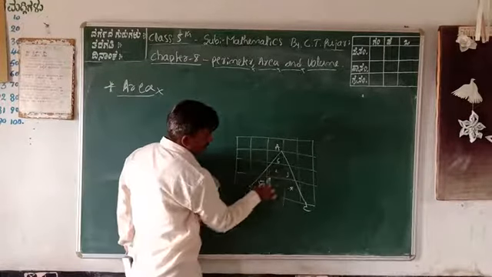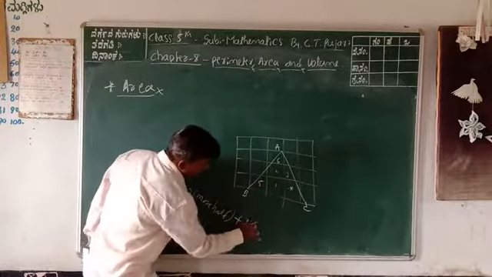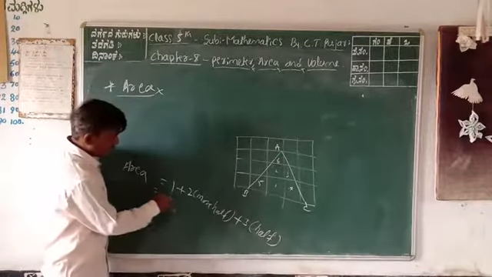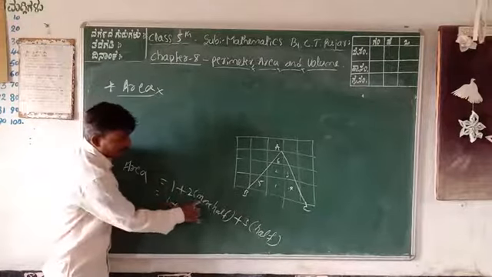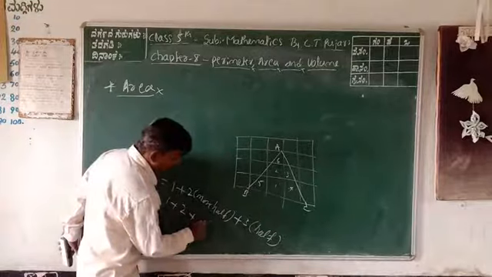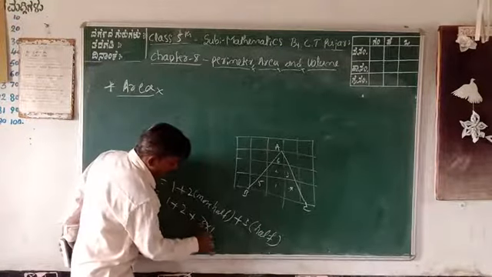Next, 1, 2, 3, there are 3 halves. Consider them as half. Therefore, 1 plus the more-than-half ones, consider exactly approximately 2. Next, 3 halves is 3 into 1 by 2.